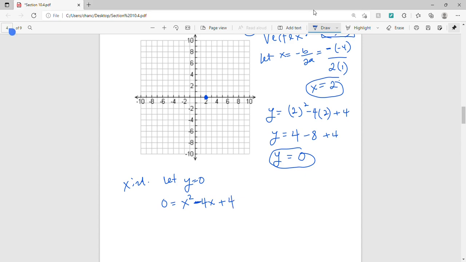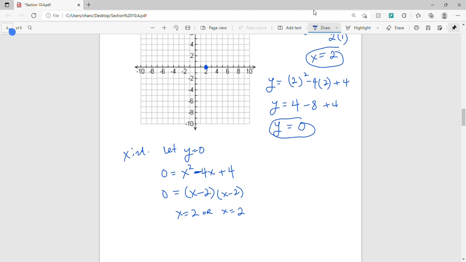And if you factor this, you'll get x minus 2 times x minus 2, which means x is equal to 2, or x equals 2. But that's actually the same point. That represents the point 2 comma 0, which is already the vertex. So the vertex is also the x-intercept, because this point here is also an x-intercept as well as a vertex.